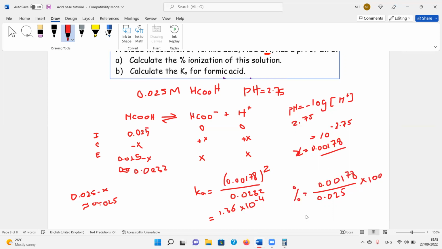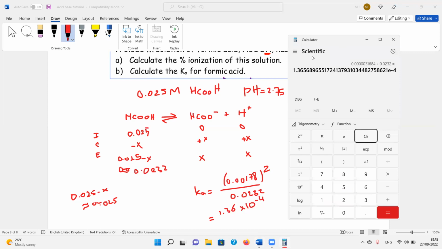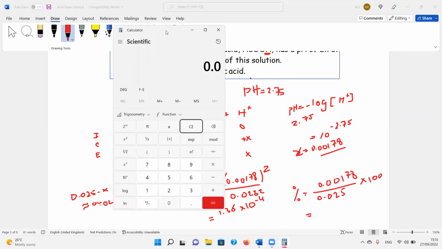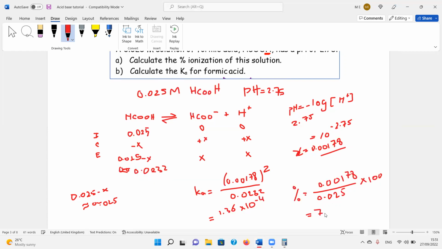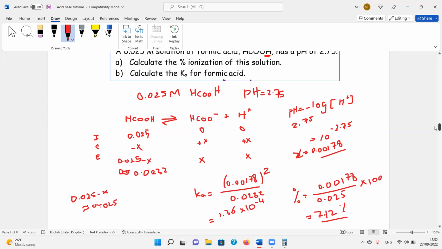So the percentage of ionization is 7.12%.